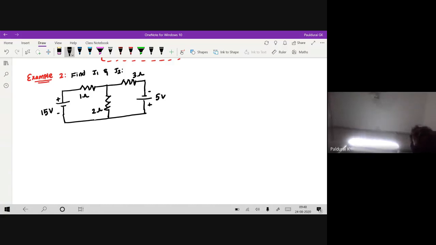Just develop the KVL equations and let me know the two equations. That's it. And if you are interested, solve these two equations with a simple calculator. But the thing is, you want to know how to develop them.